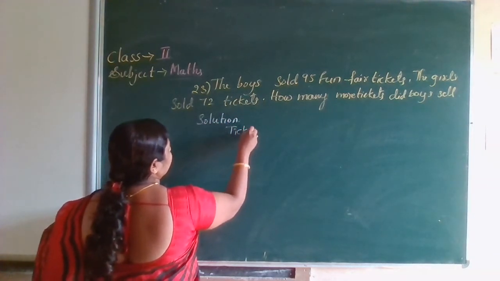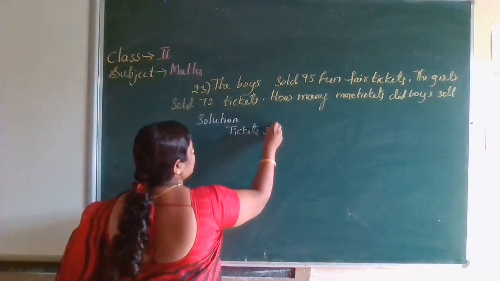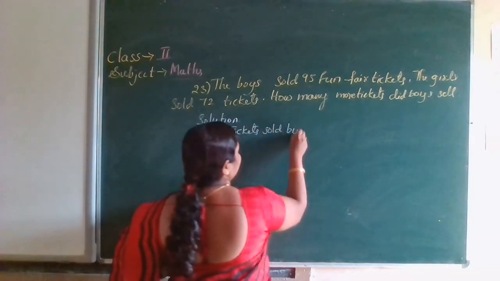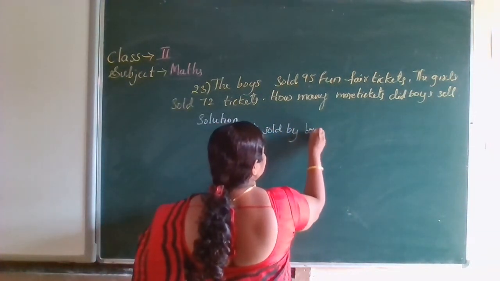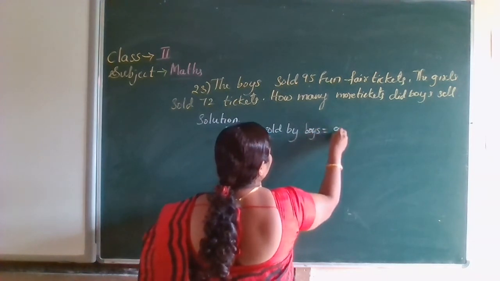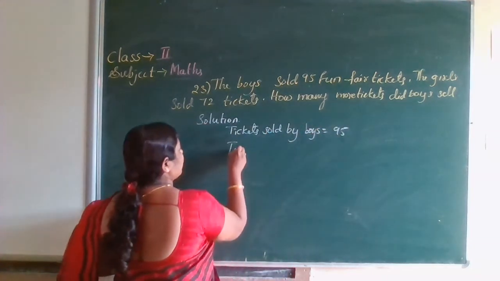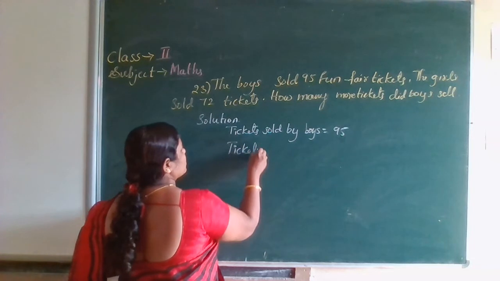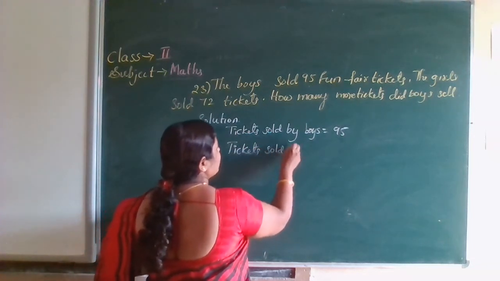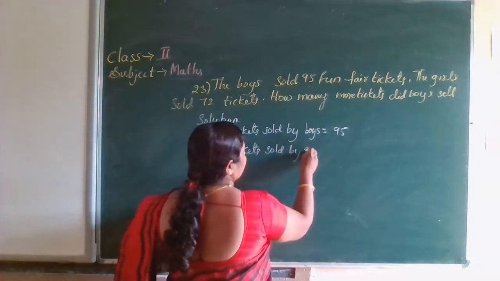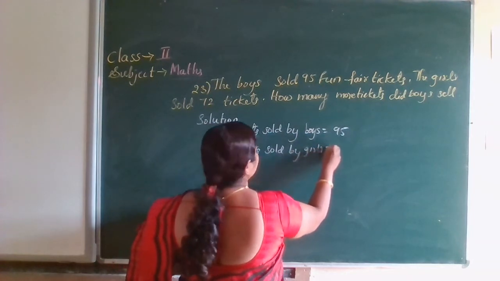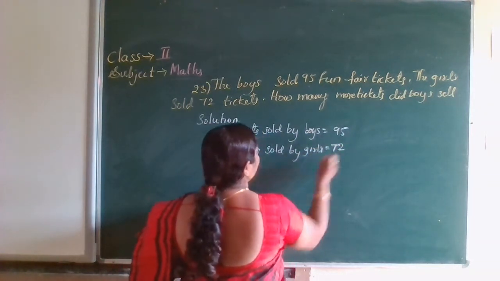Tickets sold by boys is equal to 95. Tickets sold by girls is equal to 72.